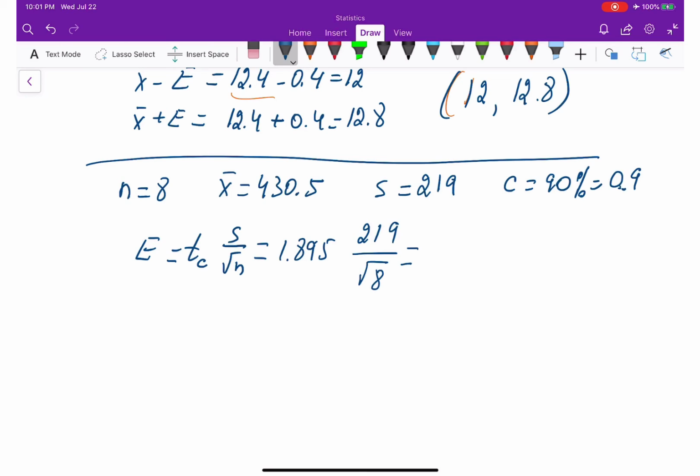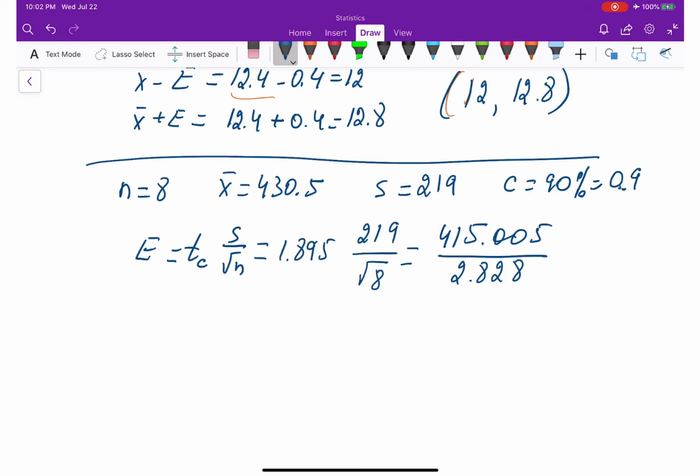So as a result, 1.895 times 219 is going to be 415.005, and divided by square root of 8, which is 2.828.